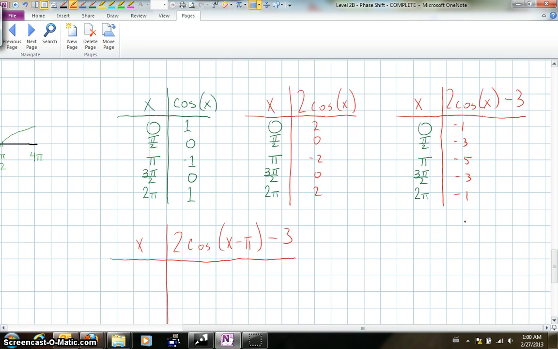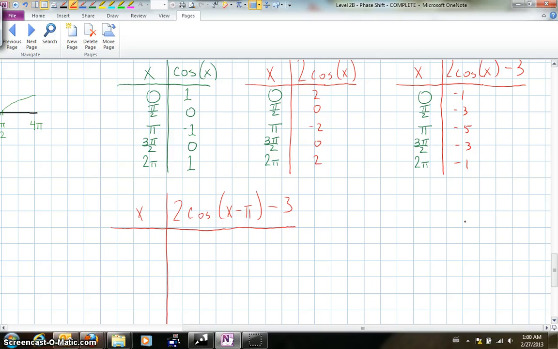And now we can deal with the idea that we do have a phase shift here. We have a phase shift that is going to be pi divided by the coefficient of x, which is 1, so we're going to move pi to the right. That will cause us to add pi to all of our x's. We've actually done that once already, so I'm not going to go through how we get all those x's.